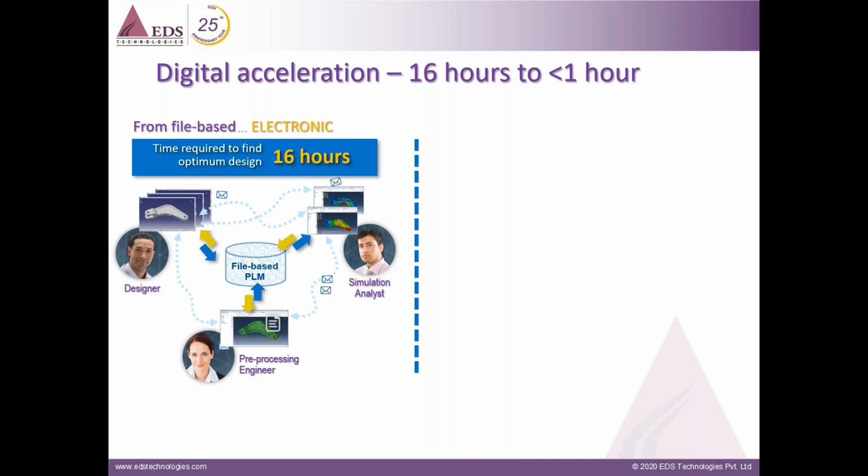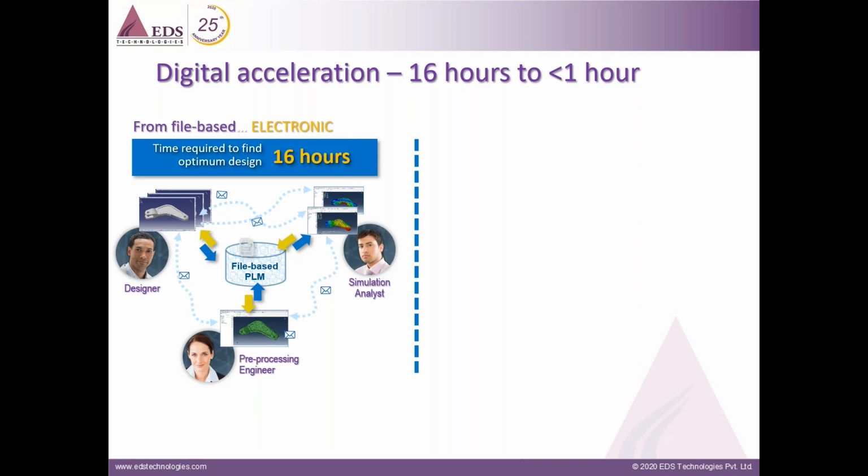If you have to continue these iterations between the designer and simulation by traditional means, there could easily be 200 to 250 cycles of repetition. How much time does it take to complete design, analysis, iterations, check the accuracy and go for the final result based on the reports?